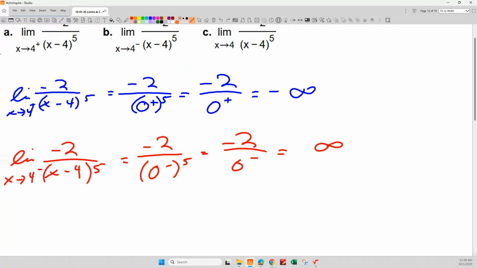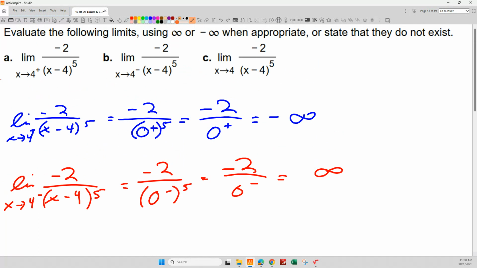And so what can we say about part C? No, it's not 0. Good. All I can say is it doesn't exist. In part A, it doesn't exist, but at least we can say it approaches negative infinity. We know something about it.